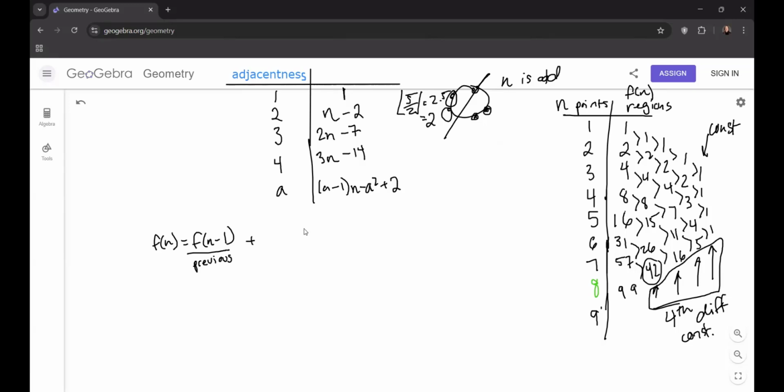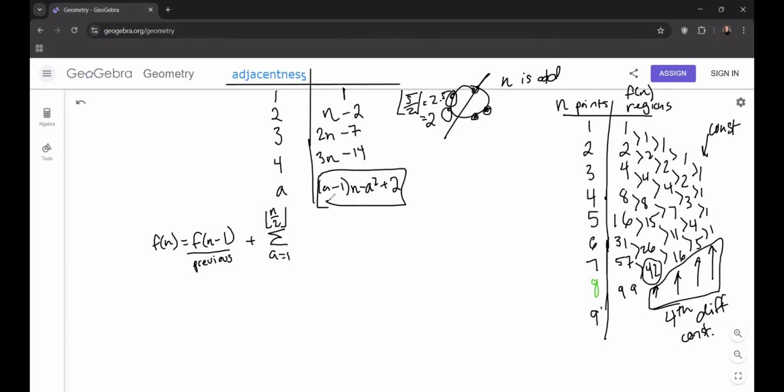If n is odd, then I take my number of previous regions, and I'm going to use a summation notation to write out what we're doing. This means that we're going to add something up, and it has to do with our adjacentness. We're going to start with an adjacentness of 1, and we're going to add up all the way until we hit that n over 2 floor. And what are we going to add up?